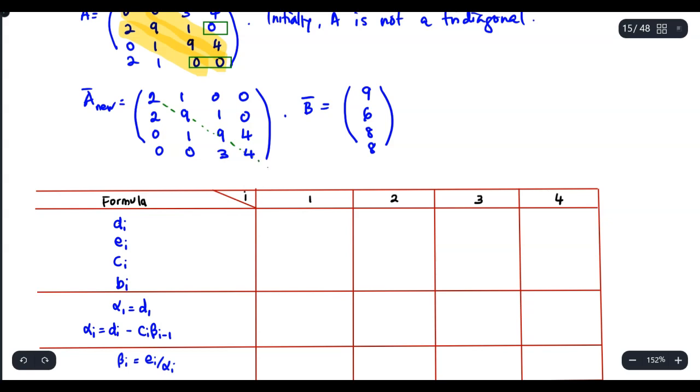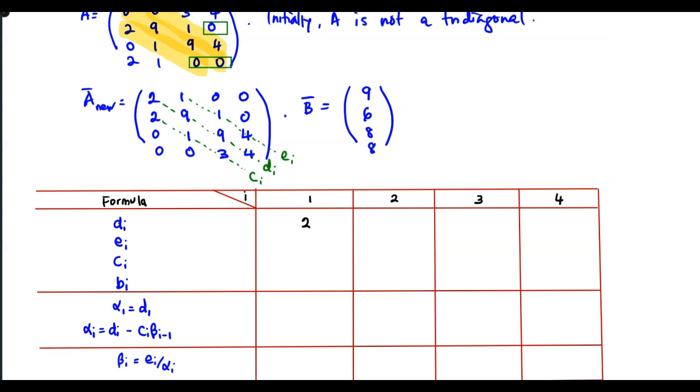At the upper diagonal, we denote as E, and at the lower diagonal, our notation is C. So we put accordingly. Now D1 is A11, so we have 2, and then D2 is A22, so 9, 9, and 4.